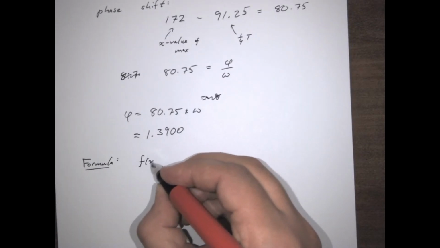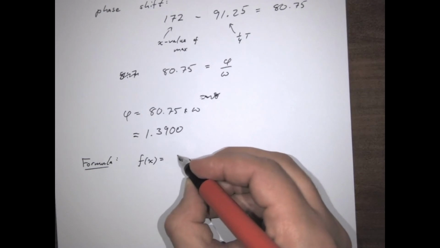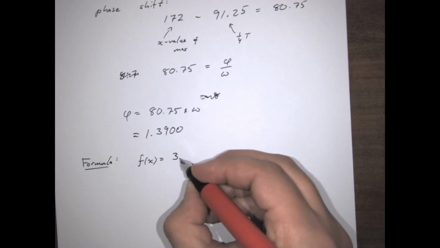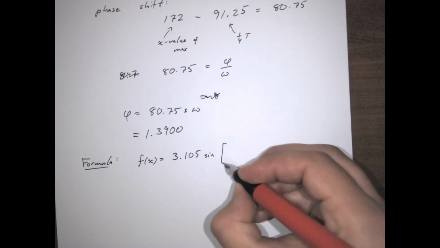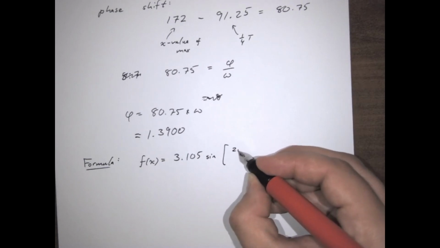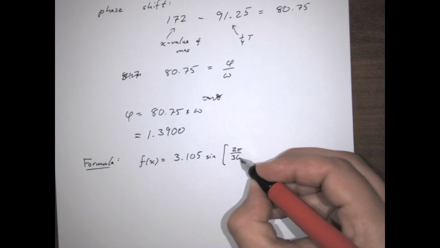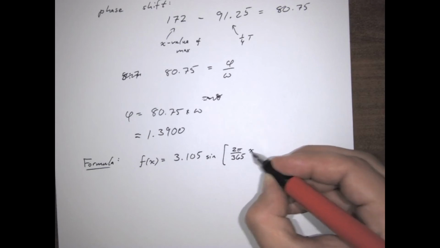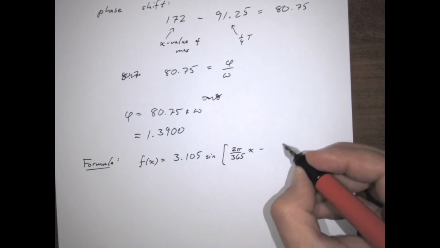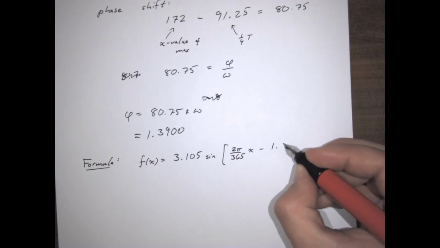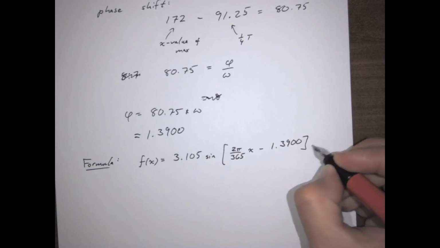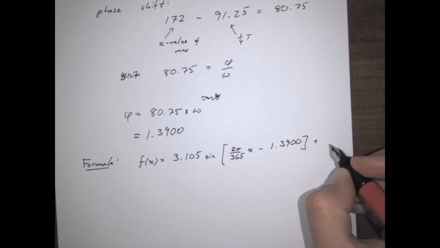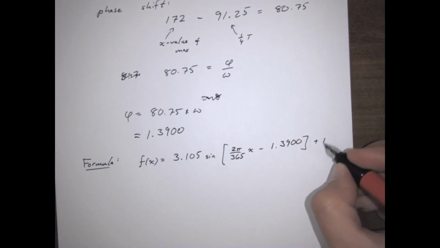So f of x is equal to, the amplitude was 3.105, sine, we have the omega, it's 2 pi over 365, times x, minus, now the phi, which is 1.3900, and then all plus the midline, which is the 12.175.